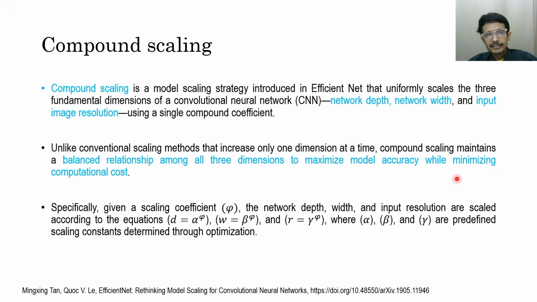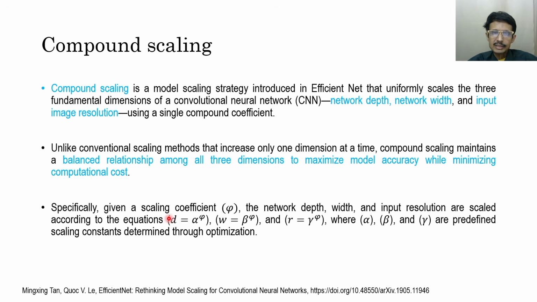What kind of balance? In compound scaling, the strategy introduced by EfficientNet uniformly scales the three fundamental dimensions, depth, width, and input resolution, using a single compound coefficient. Unlike conventional scaling that increases only one dimension at a time, compound scaling maintains a balanced relationship among all of these, to maximize the model accuracy and minimize the computation cost.